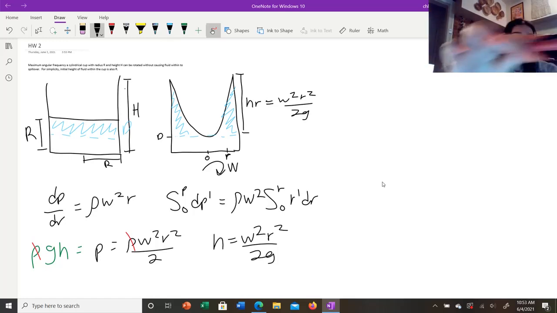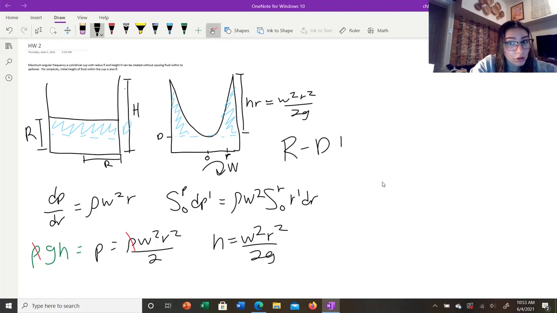To do this, it's going to be R minus the dip plus HR equals H. Basically, we take this height, subtract this height, which gives us this little bit, plus HR, which is this little bit, gives us H. That's just the harder way of saying how we find H, and we need to know all the different parts.